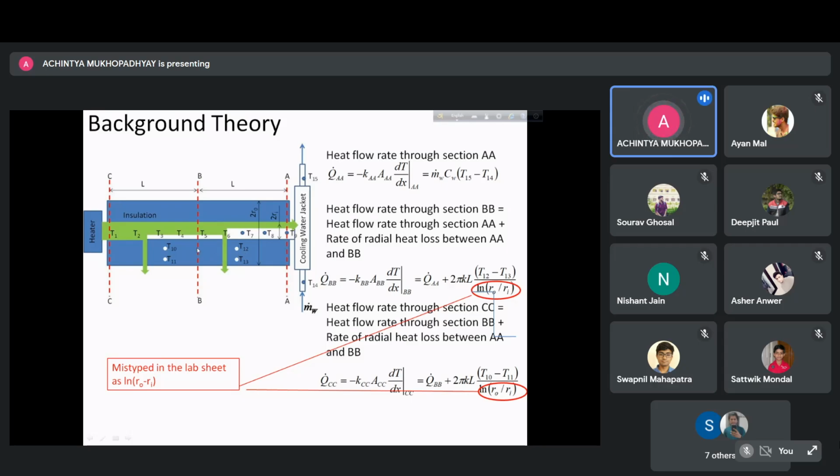Negligible axial variation between sections AA and BB implies that if you put the thermocouple at any axial position between AA and BB, the reading of the thermocouple, like this T12 for example, would be representative of the temperature at any axial position between AA and BB, but at the same radial position.